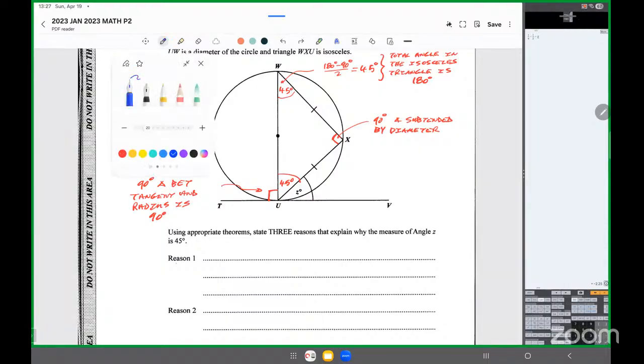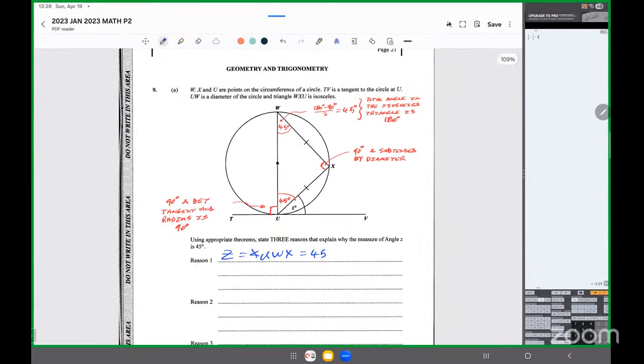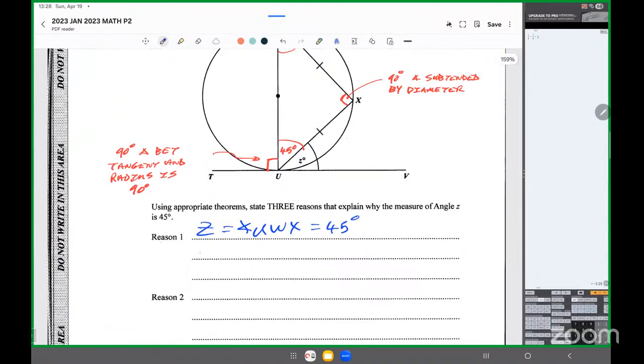First I'm going to say Z equals angle UWX, which is 45 degrees, because the angle between tangent and chord equals angle subtended by the chord.